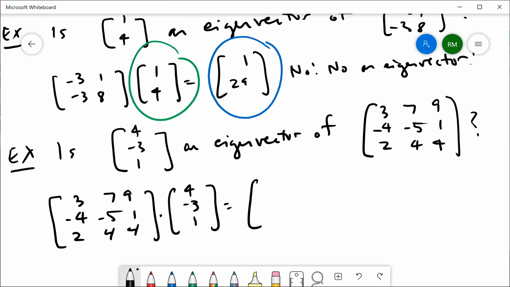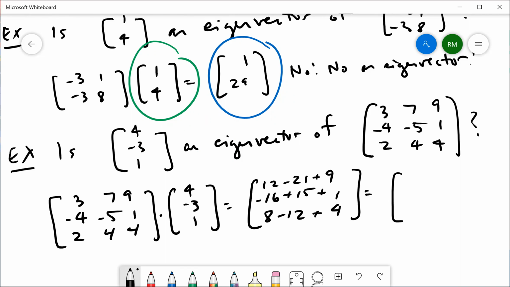Let's see, that's 12 minus 21 plus 9, minus 16 plus 15 plus 1, and 8 minus 12 plus 4.